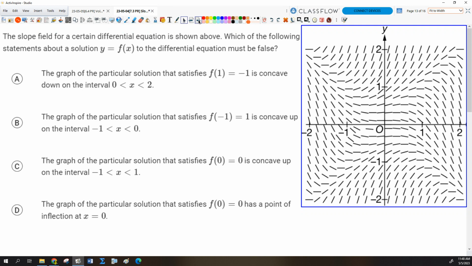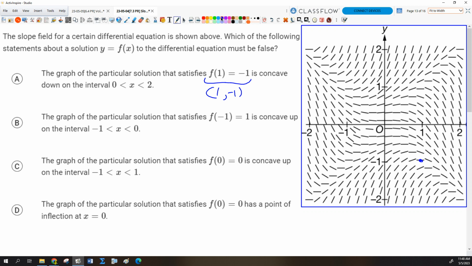What do they want us to do? Oh, they want us to say whether these are true or false. The graph of the particular solution that satisfies f of 1 equals -1. Well, that's just the ordered pair. Look at that. What's that mean? That's the ordered pair 1, -1. So if I go over to 1, -1, that's right about there, right?